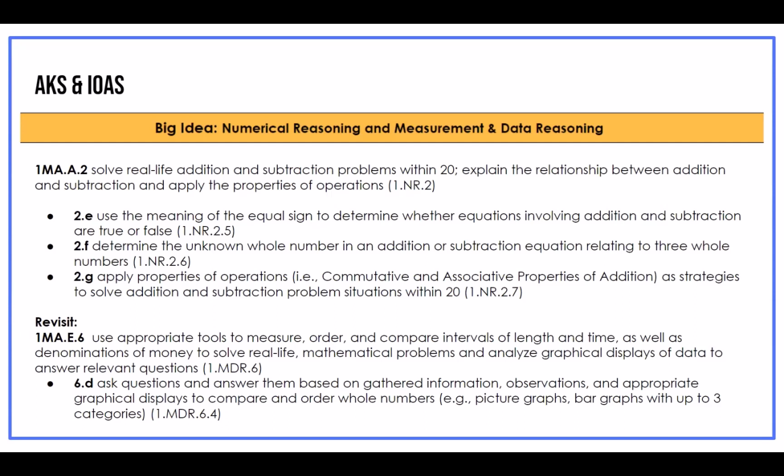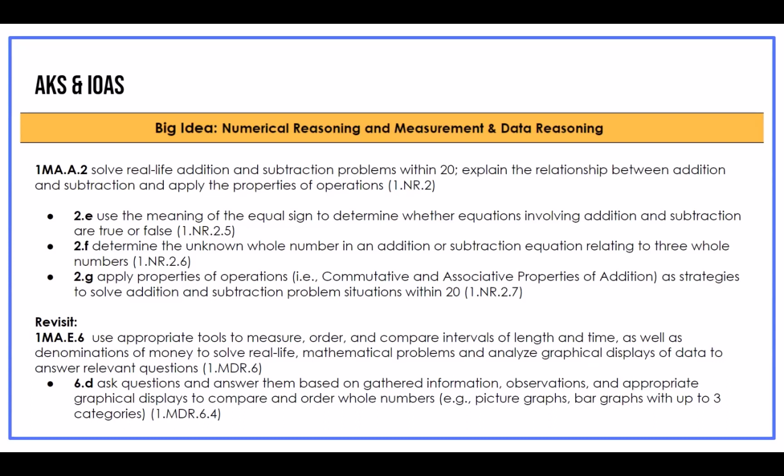In IOA 2F, students use their understanding of addition and subtraction strategies to determine the unknown number that makes the equation true. Symbols are used to represent unknown amounts in all positions of an equation.